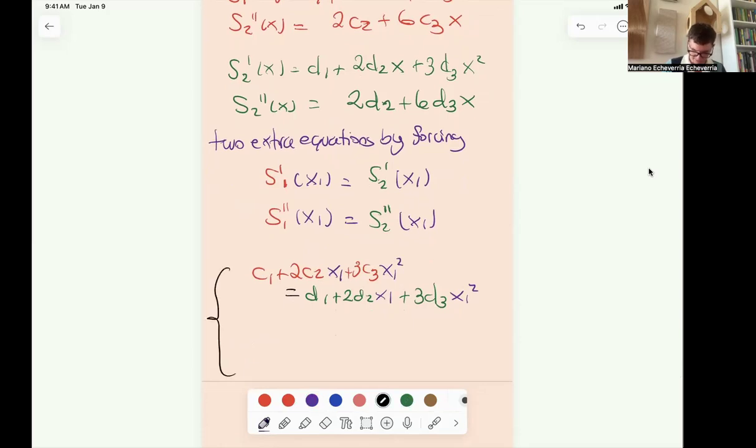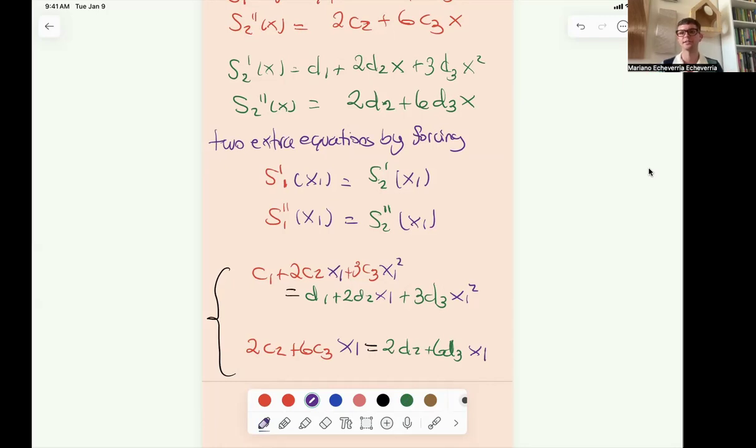And the second equation is 2c2 plus 6c3 x1 equals this.